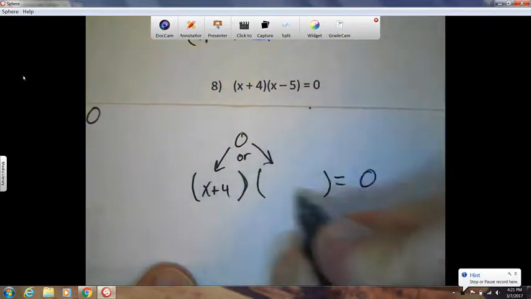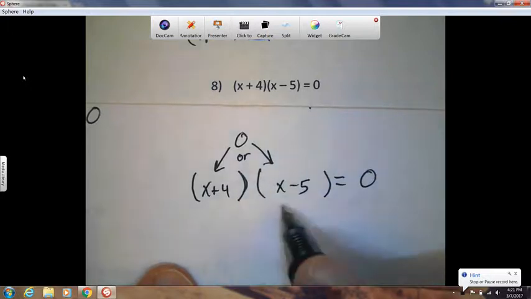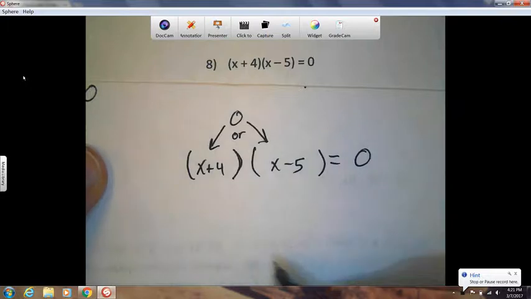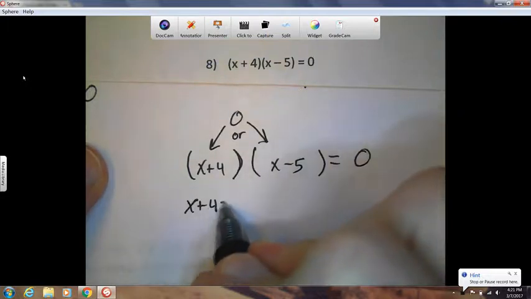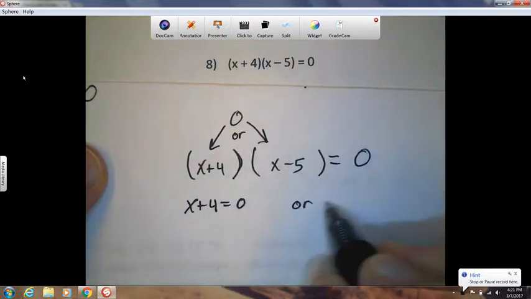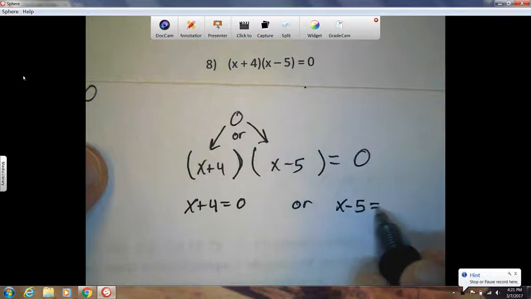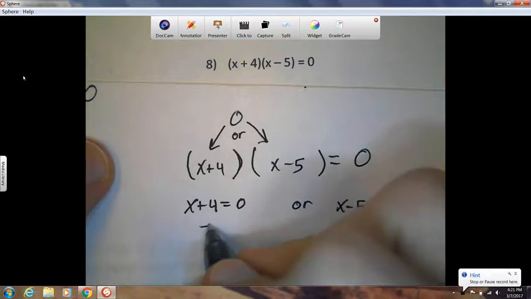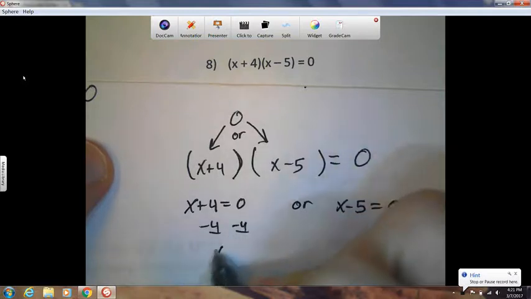So set up your two equations. Either x plus 4 equals 0 or x minus 5 equals 0. Then you just solve for x. Minus 4, x is equal to negative 4, or x is equal to 5.